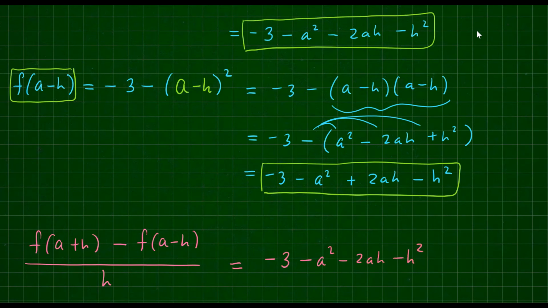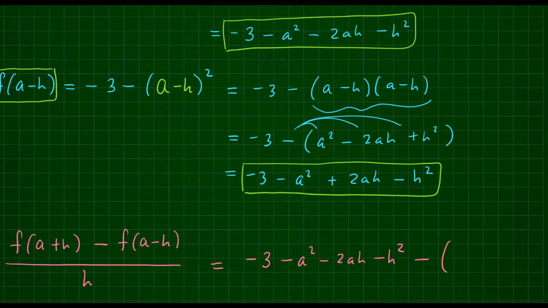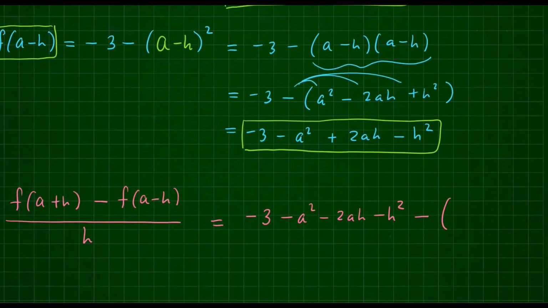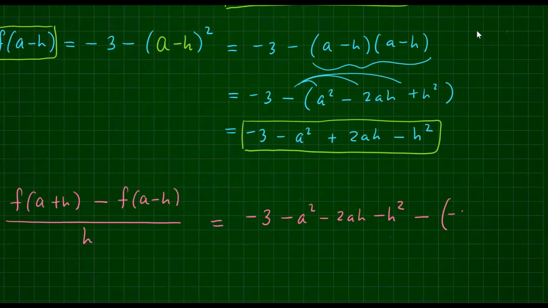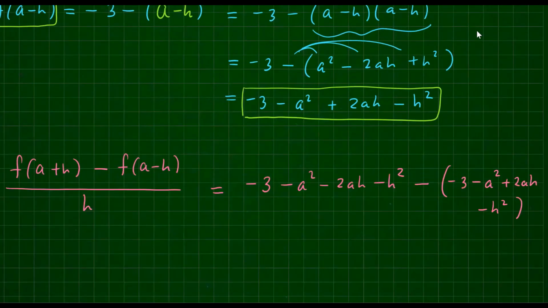That's f of a plus h. And then minus f of a minus h, that's the second box we got. We have to put parentheses because it represents more than one term. So that would be -3 minus a squared plus 2ah minus h squared. That's f of a minus h, and everything over h.